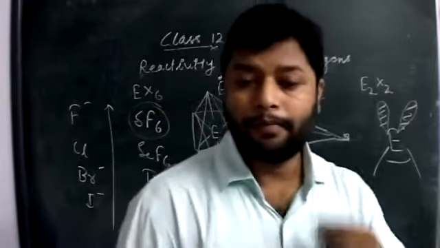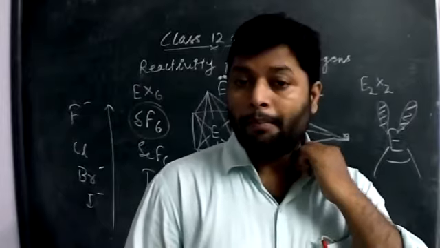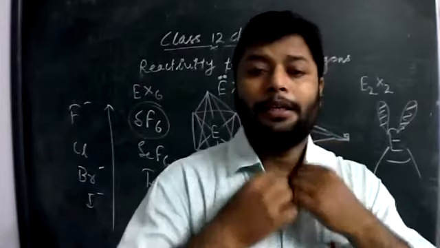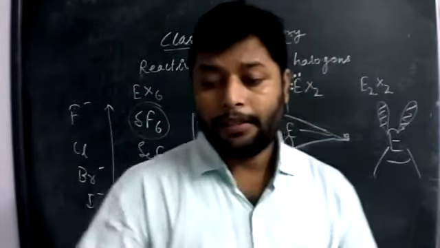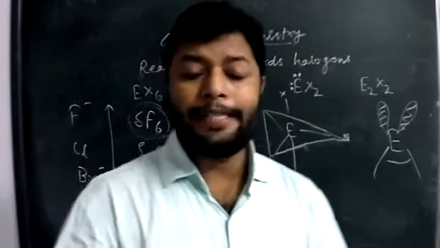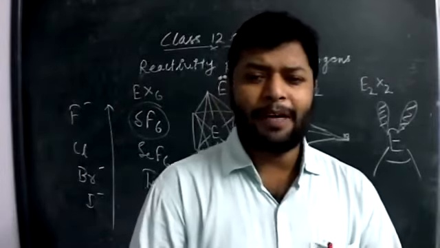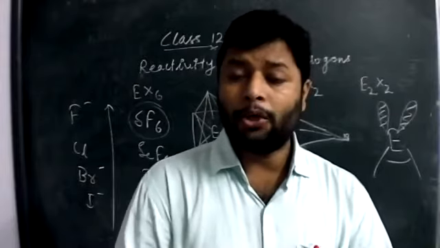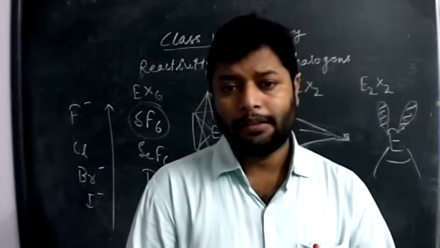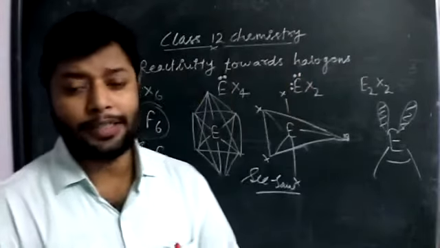One more thing: monohalides are not very easily formed or found in nature. They are rarer because of the very high lone pair density, because the lone pair electrons are much more.